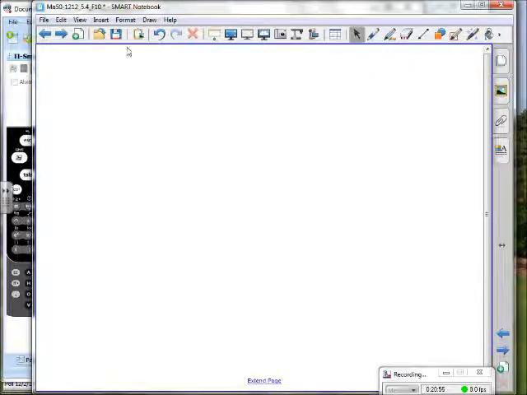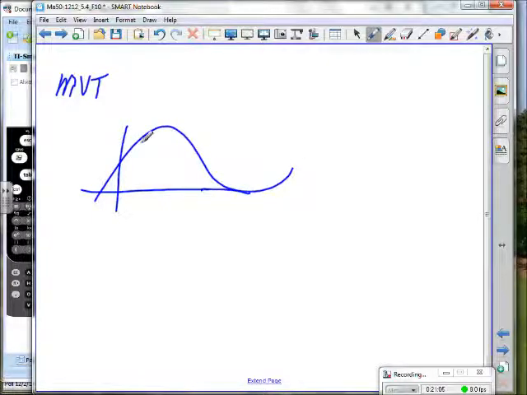Mean value theorem for derivatives stated that if you have a curve, and you know that if this is A, and this is B, and you know those input values, and you compute the average rate of change, slope of the secant.